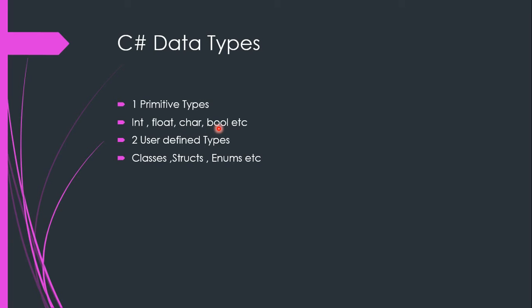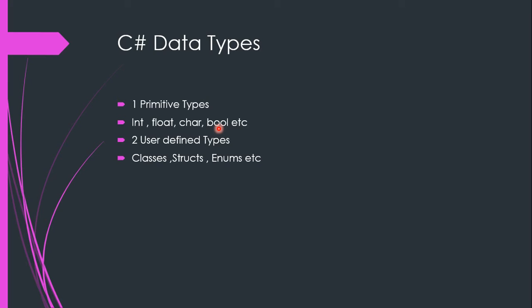And a Boolean data type may contain a value in the form of yes, no, or 0, 1, true, or false. And there are more primitive data types that we will be learning in the next lecture.